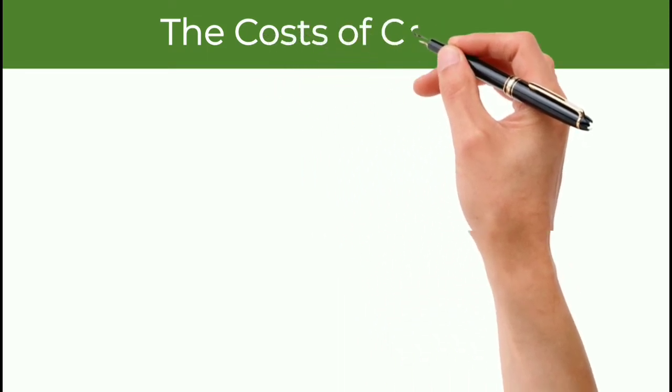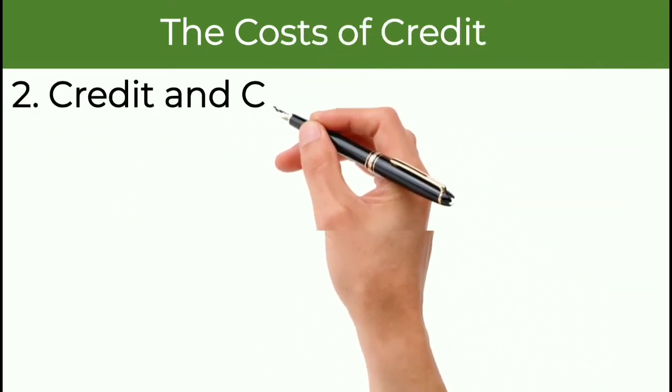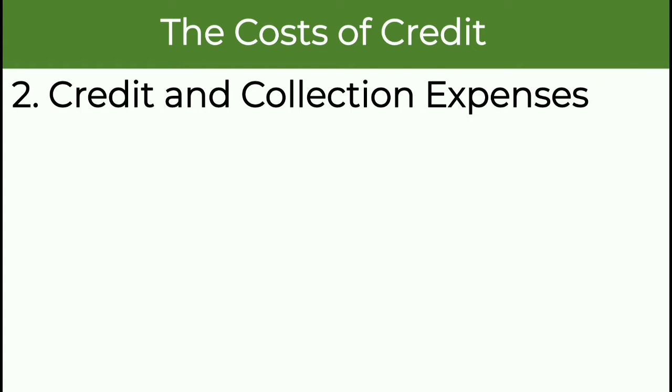The second cost of credit is credit and collection expenses. As the name implies, credit and collection expenses are expenses incurred in granting the credit and collecting the receivables.